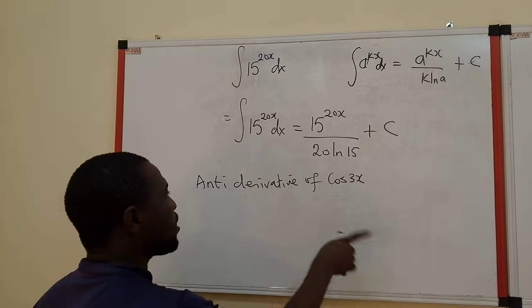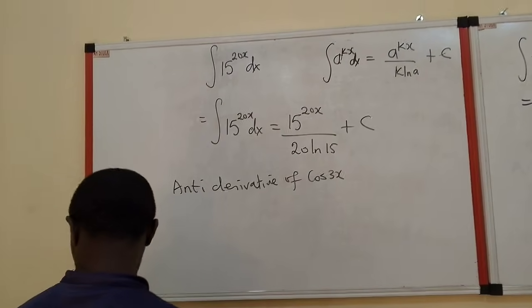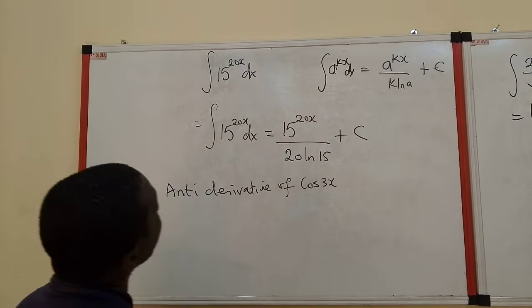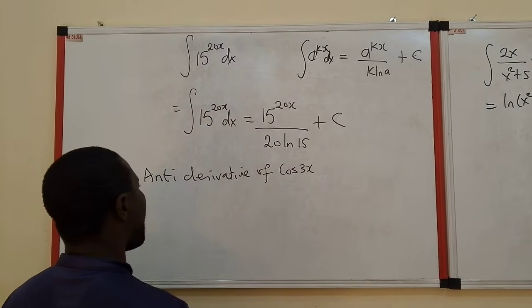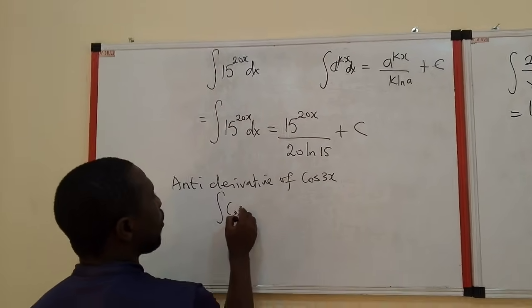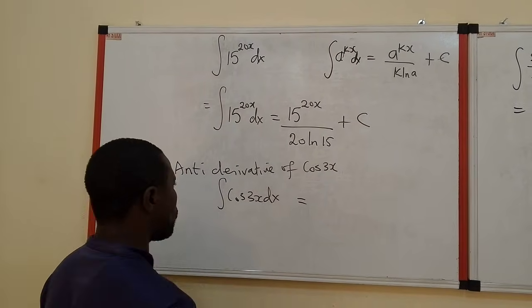Anti is the opposite, so the opposite of differentiation is integration. So we are asked to integrate cos 3x dx. That's what you should know. This word should not confuse you.